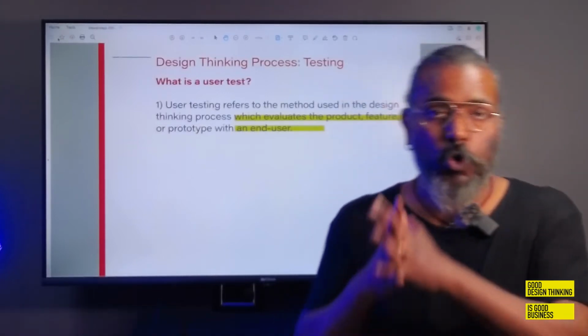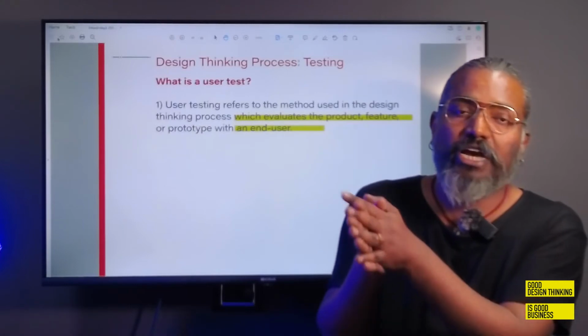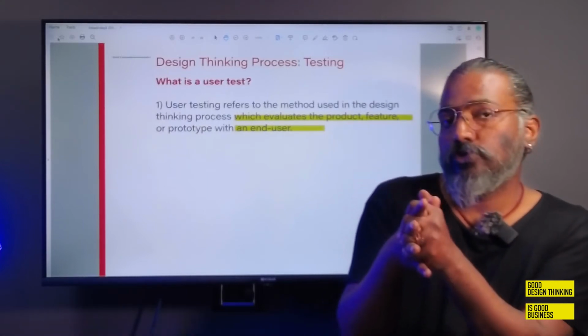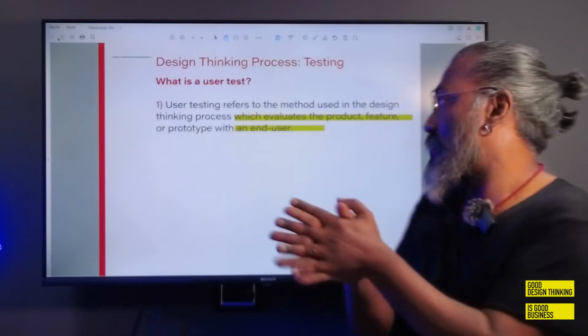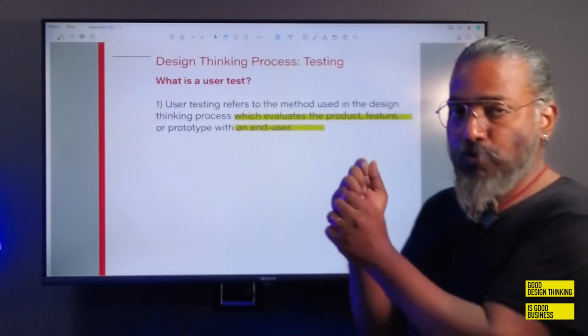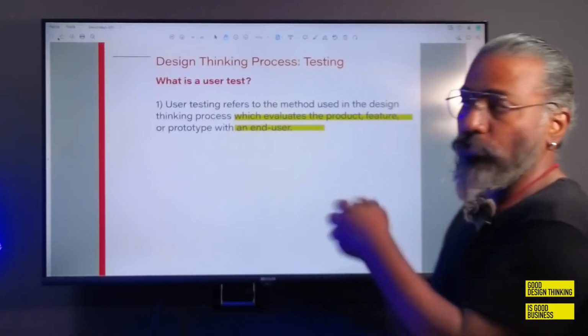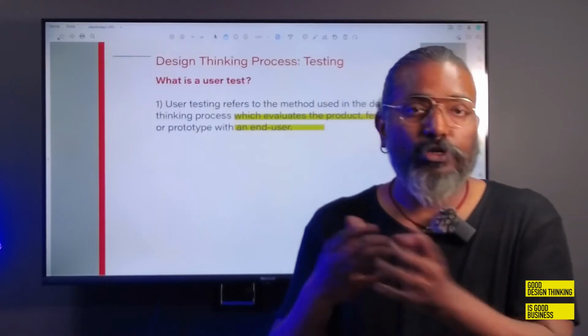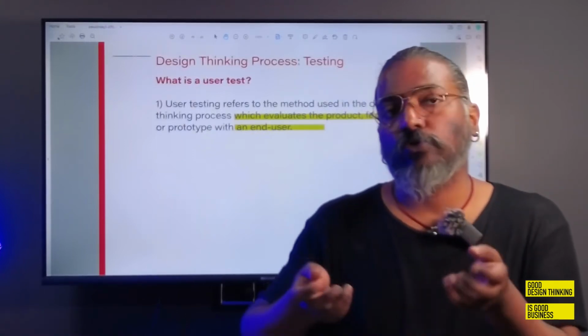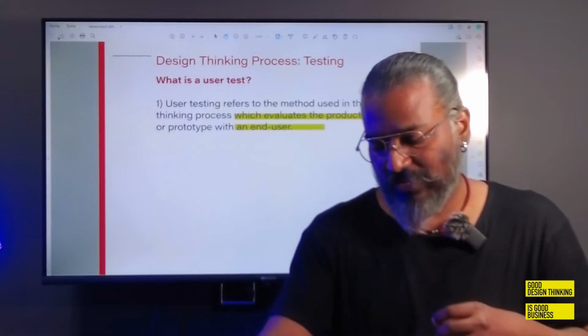In this case, you're showing your prototype to the end user to test or evaluate the product's likability, features, and functionality. It all depends upon what it is that you want to know from that test.